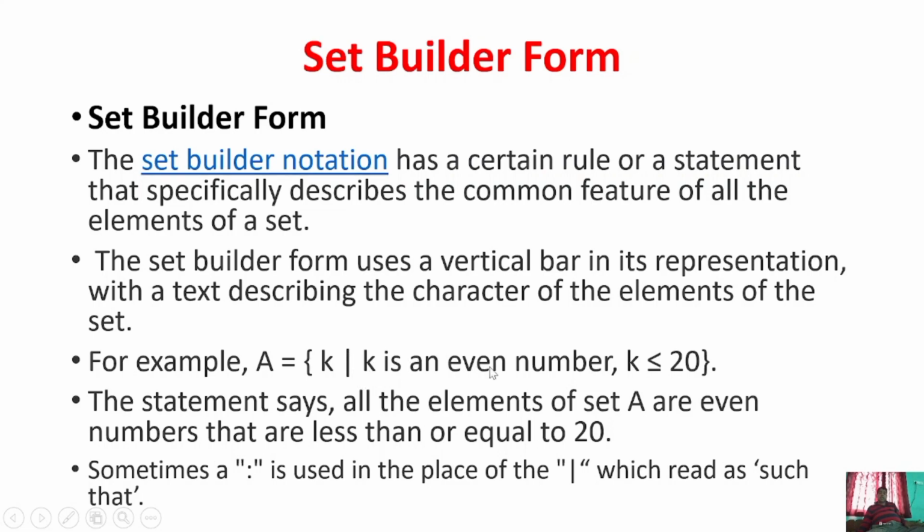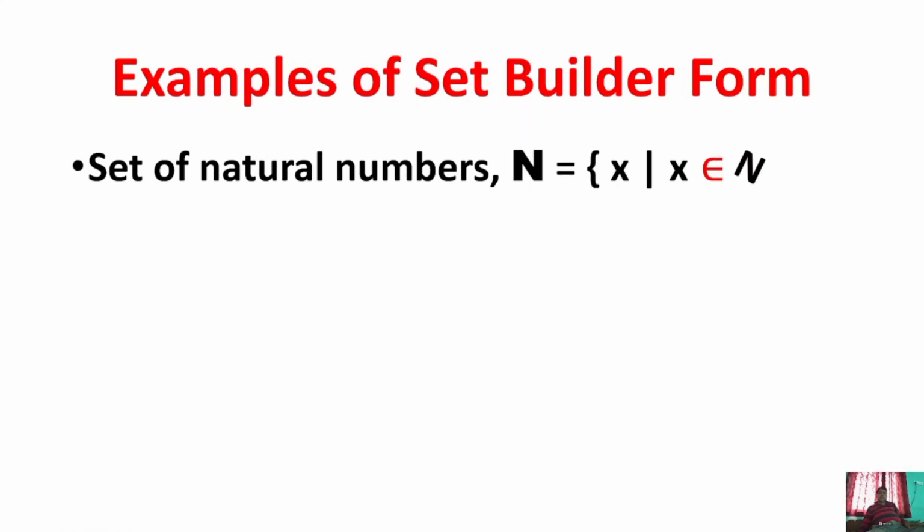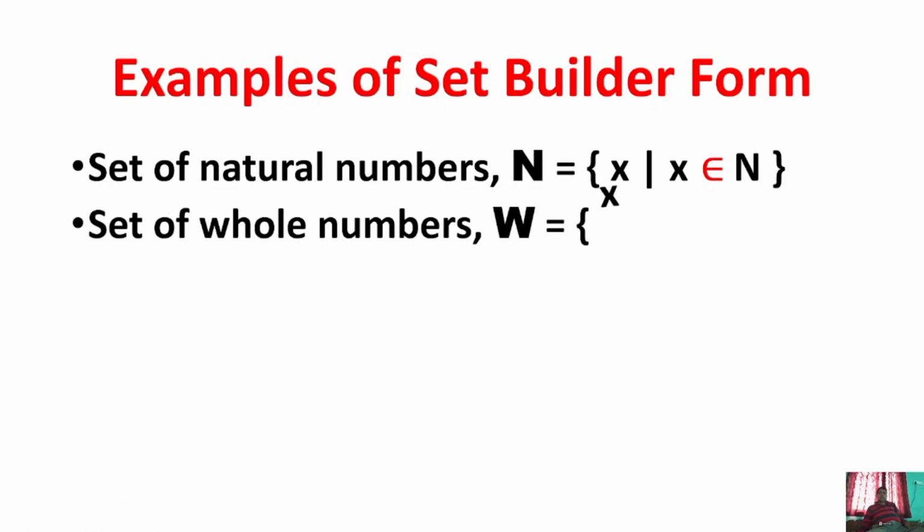On the right side of the such that line you write the properties of the set, and before it is the element of the set, represented as a single variable. We should not write all the elements in the set builder method. Some more examples: the set of natural numbers, N, is equal to x such that x belongs to N. The set of whole numbers, W, is equal to x such that x belongs to W, where a semicolon is used in place of the vertical bar.